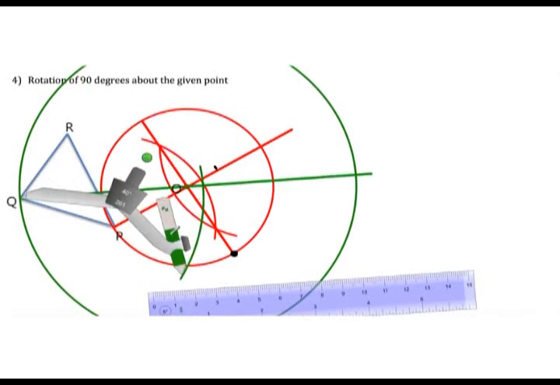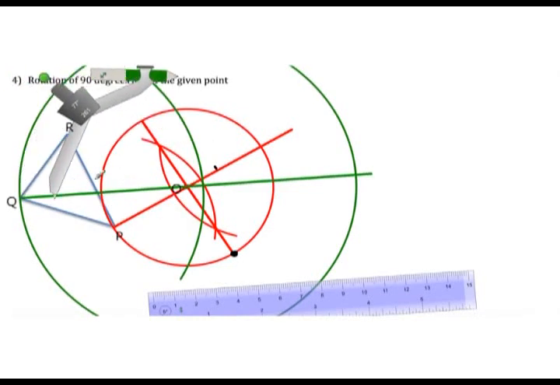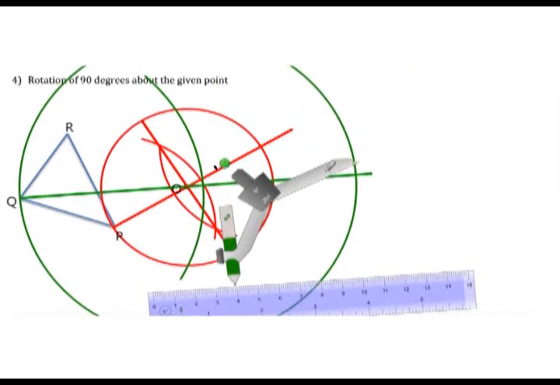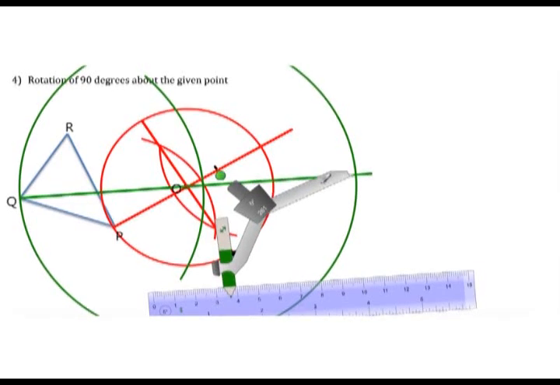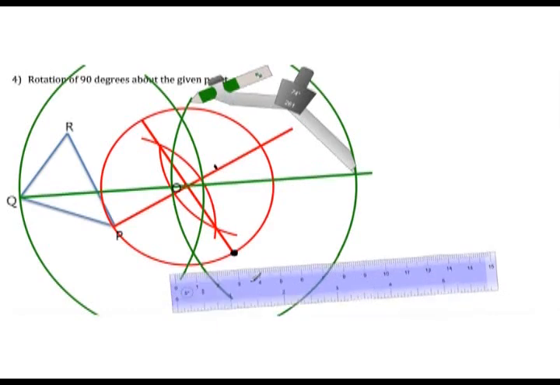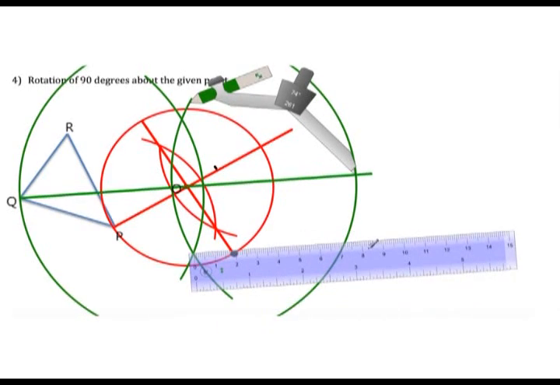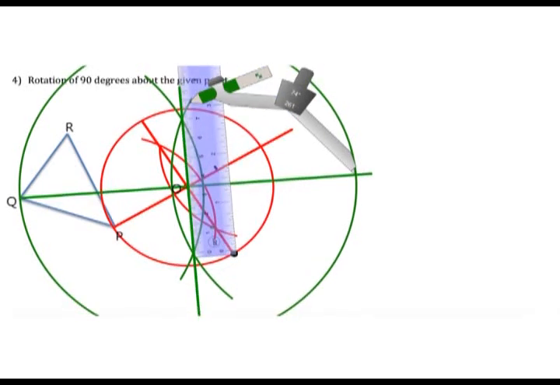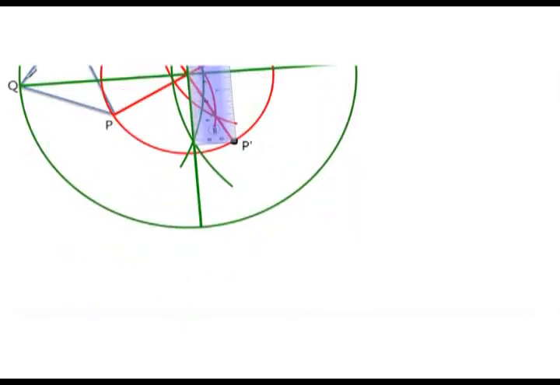First arc. The other side. Second arc. Draw that bisector now. Now you see, if this point rotates anti-clockwise, it will come here, and that's Q prime.